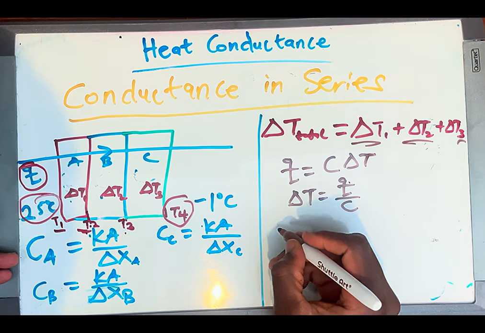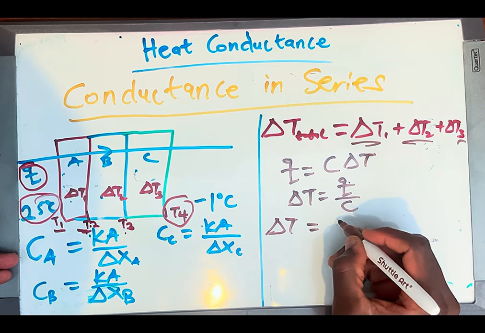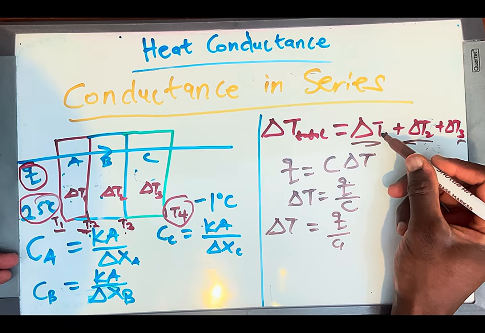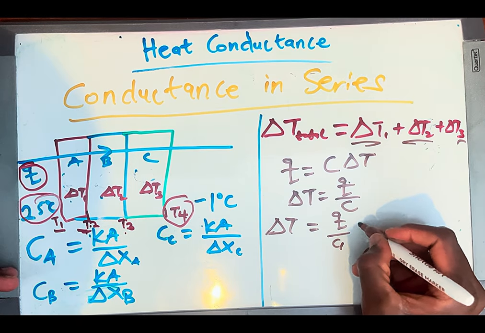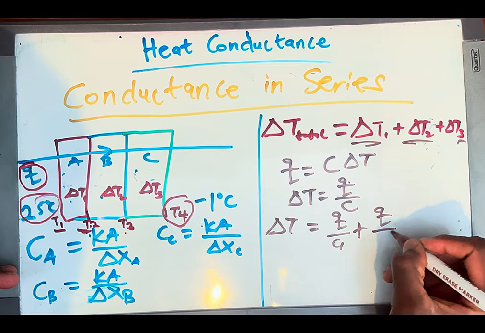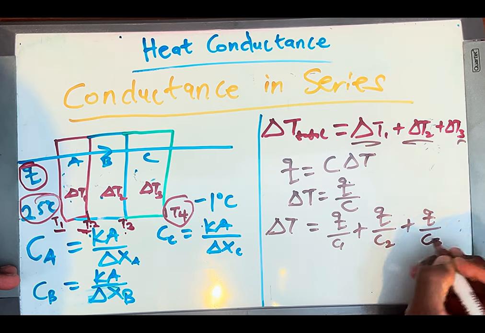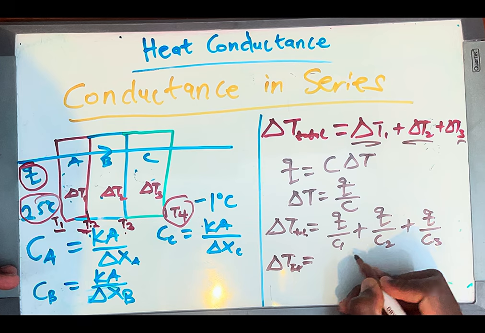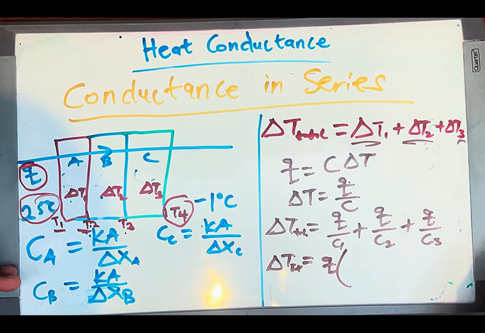Then we will have our total change in temperature equal to Q over C1. Don't forget that each of the materials will have different conductance, but the heat will remain the same. So Q over C1 plus Q over C2 plus Q over C3. Something is common, so we can get delta T total. Don't forget that this is the total. It will be equal to Q, and we can factor Q out because Q is the same throughout.